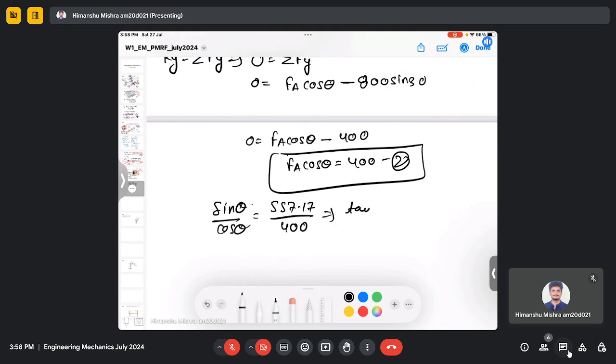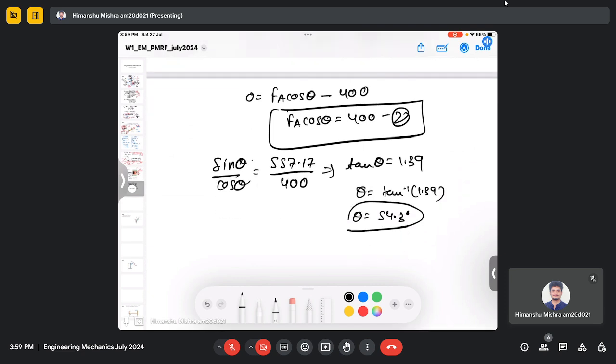So it will be tan theta equals 1.39. So your theta will be tan inverse 1.39, and this theta will come out to be 54.3 degrees.